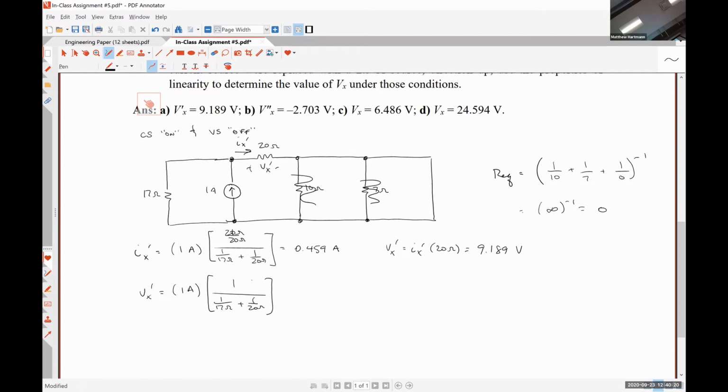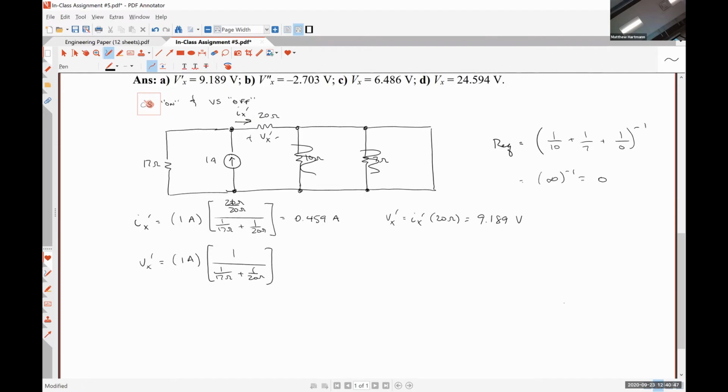So current division probably isn't the most effective method here, because it winds up involving an extra step, where if you just did the equivalent resistance, you'd be there in one. So it's not necessarily bad to do current division here. It just involves an extra Ohm's law step, and you can solve this using Ohm's law in the first place. All right, so we got an answer.